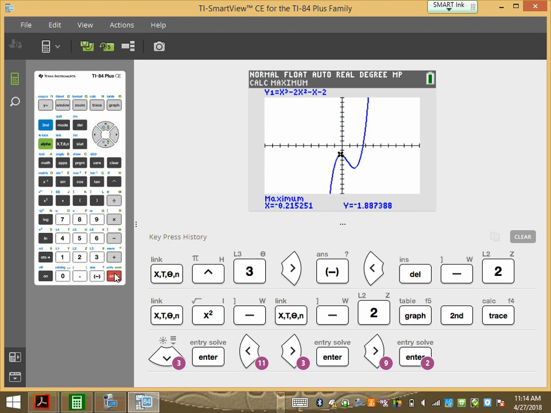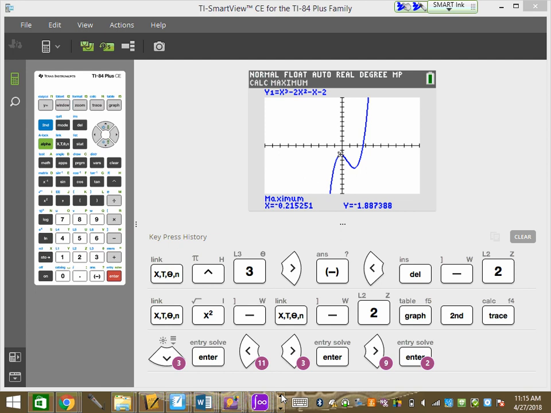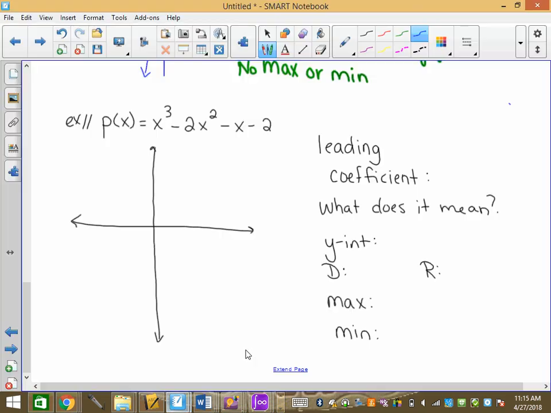So it has a maximum at negative 0.215251 and negative 1.887388. So negative 0.22. Negative 0.22, and what was the other one?